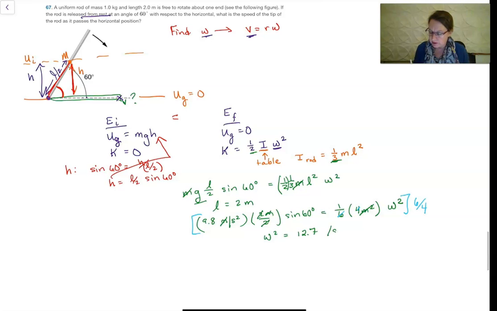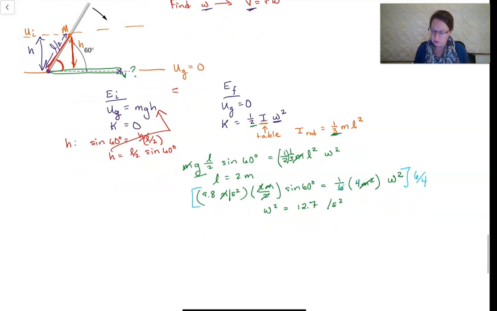12.7 per second squared. Now we can throw the radians back in to remind ourselves that this is an angular value. So omega now equals 3.6 per second, or 3.6 radians per second. Okay?